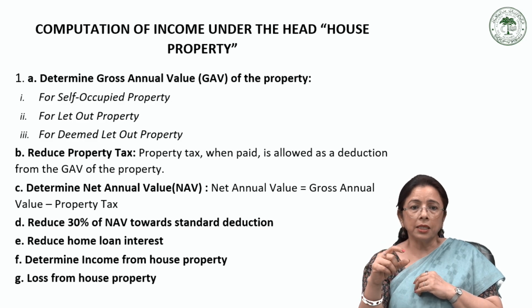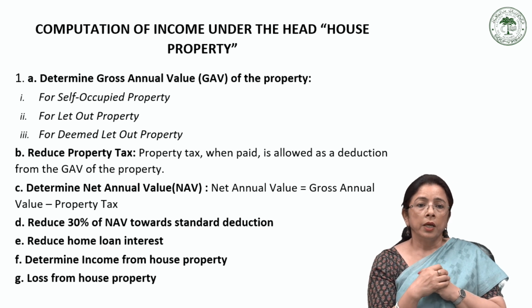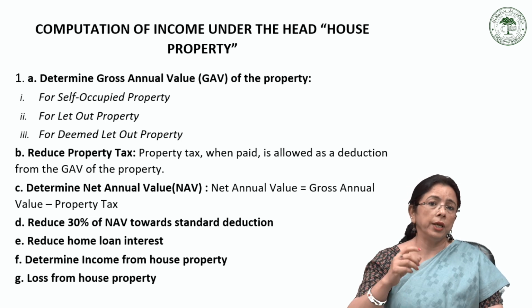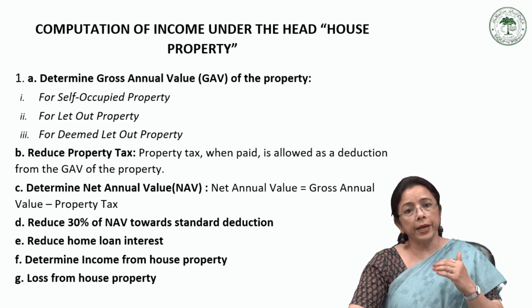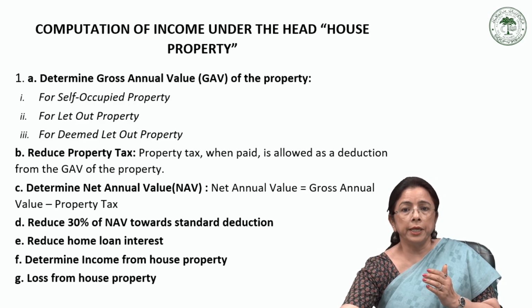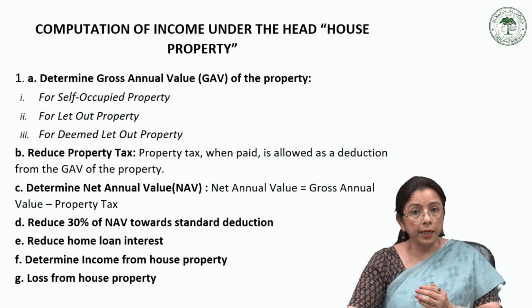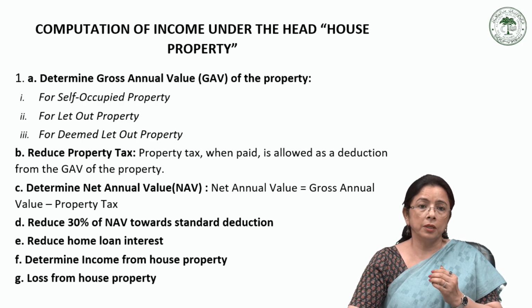First let us understand the meaning of the annual value, and then we will learn how to compute it. As per section 23(1) para 1 subpara A, the annual value of any property shall be the sum for which the property might reasonably be expected to be let out from year to year.